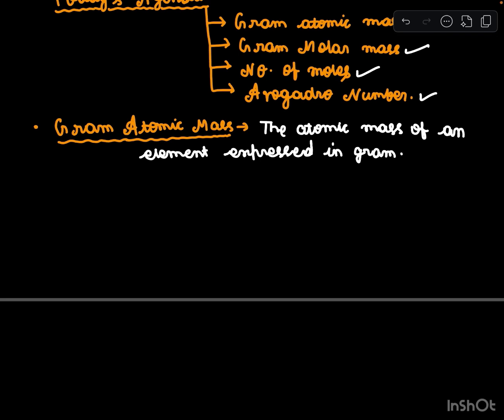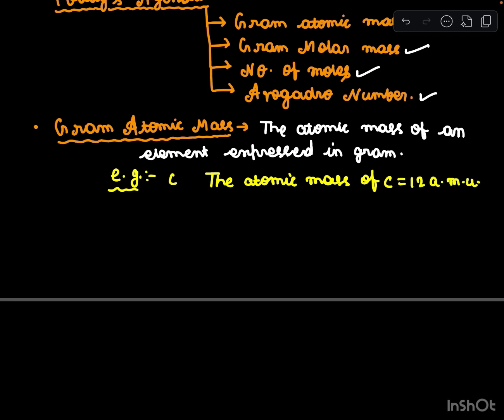For example, carbon. The atomic mass of carbon is equal to 12 mu.